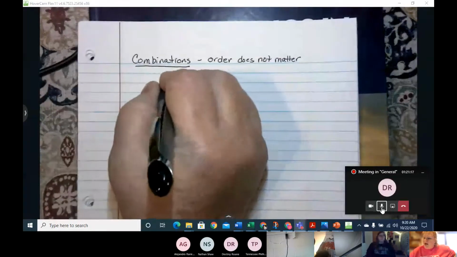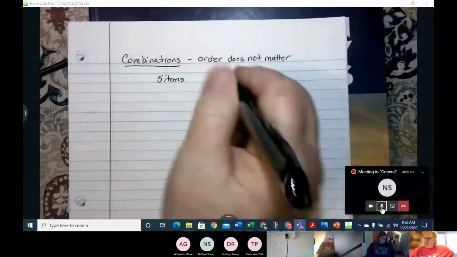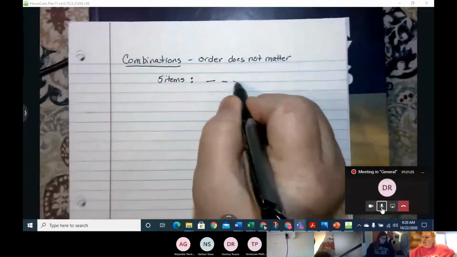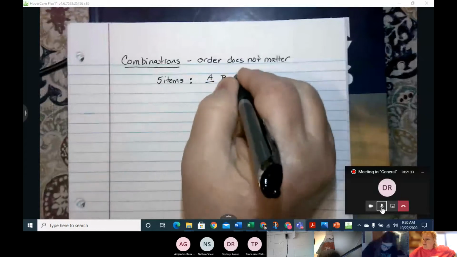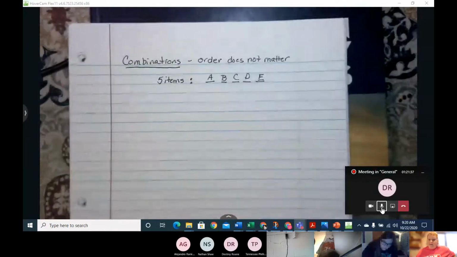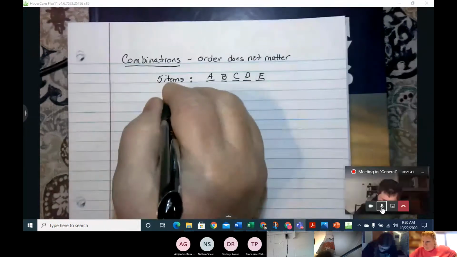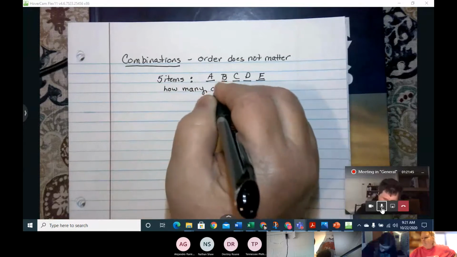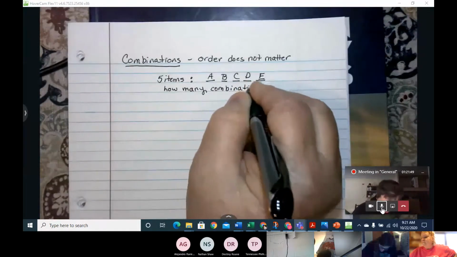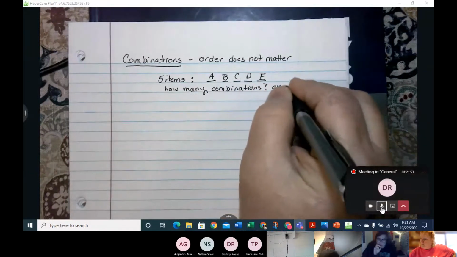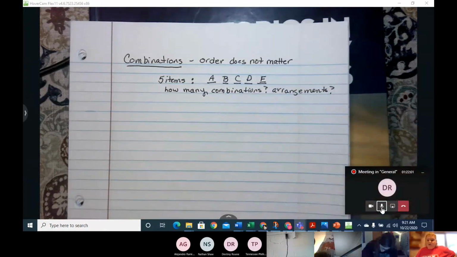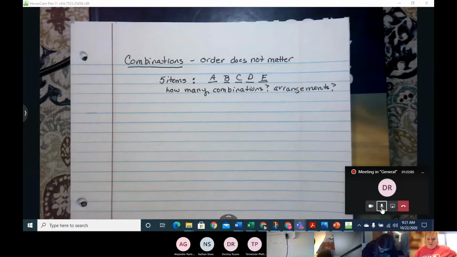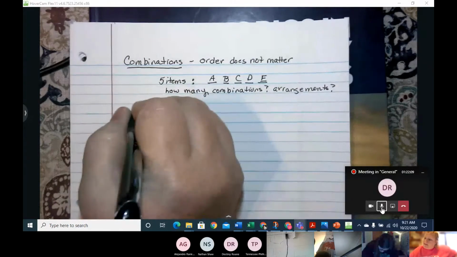So if we had 5 items, and we wanted to know how many ways we could arrange those 5 items, letters A, B, C, D, and E. Whether it says combinations or it says arrangements, the notation that is used can be written as the number of items combined so many ways.